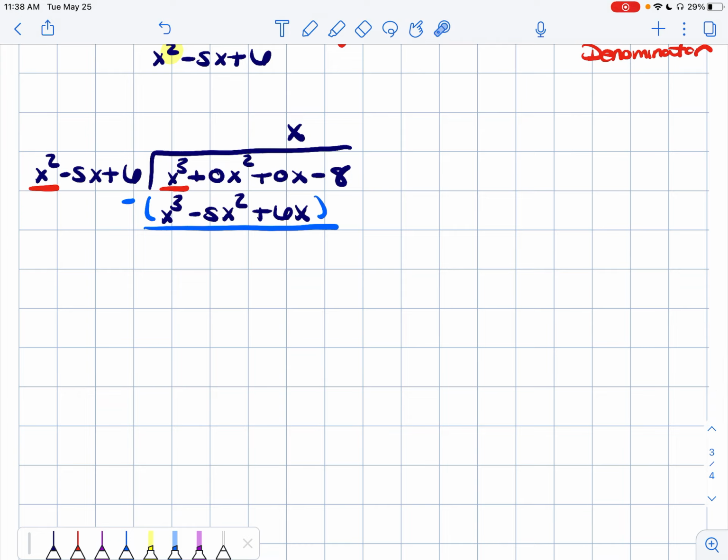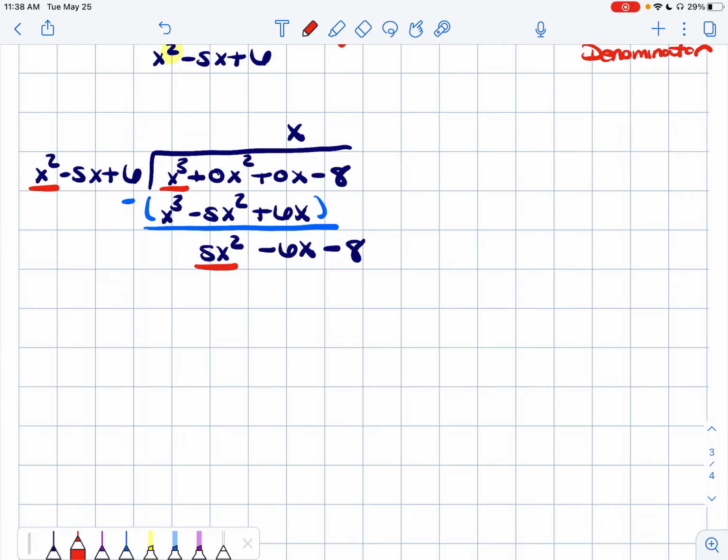All right, so x cubed minus x cubed, those just cancel out. 0x squared minus a negative 5x squared would give us a positive 5x squared. 0x minus 6x would give us negative 6x, and then bring down the negative 8.